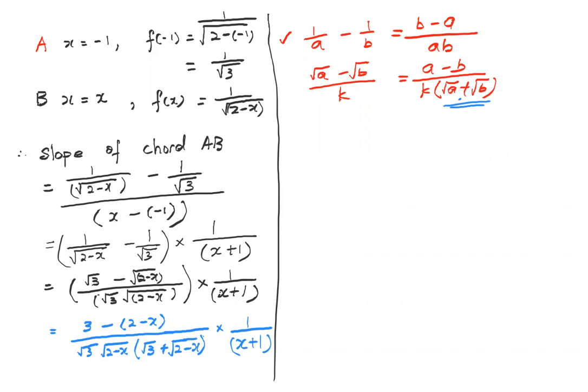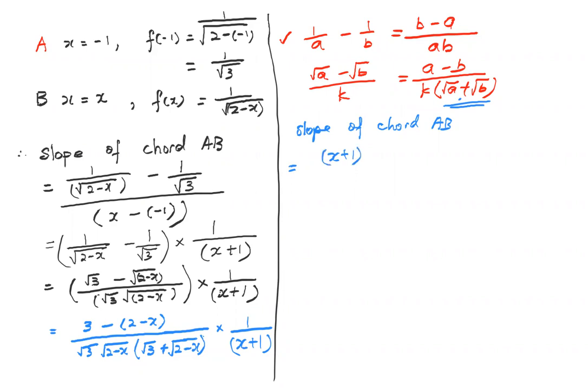Hello? Are you okay? So now I continue, simplify. Slope of chord AB equal to, so this one, when you minus, correct? Isn't it the top you got x plus 1? Yep.